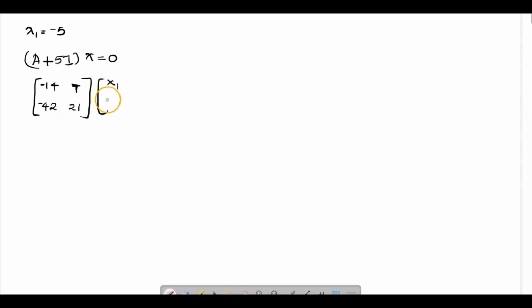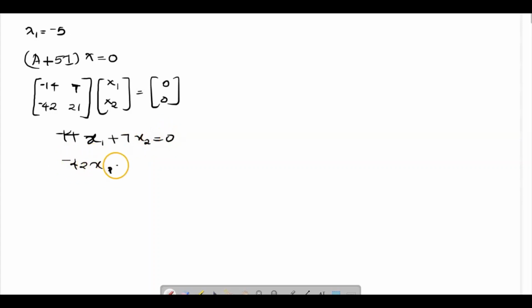Now x is x1, x2, and 0, 0. So minus 14 x1 plus 7 x2 equal to 0, first equation, minus 42 x1 plus 21 x2 equal to 0. These are both similar equations.